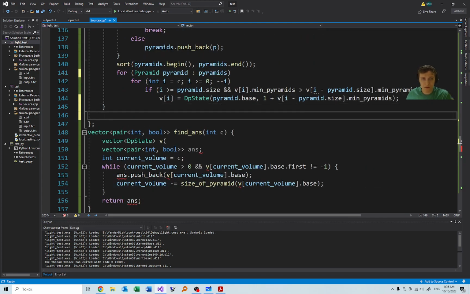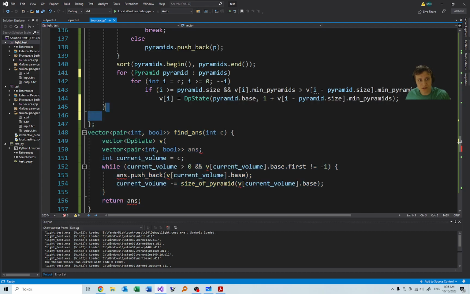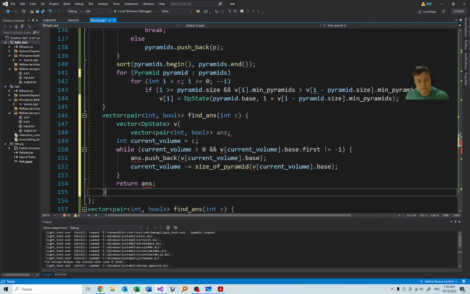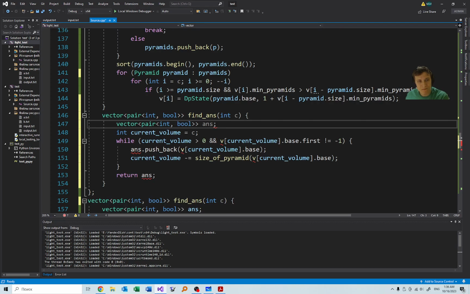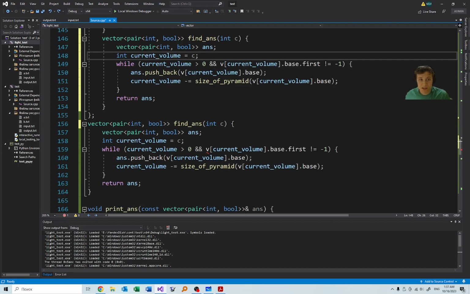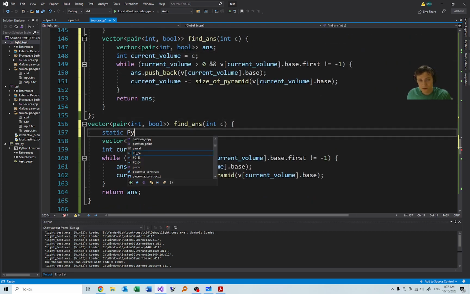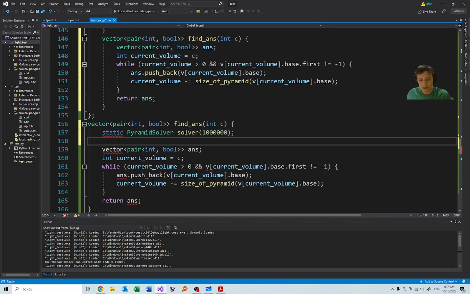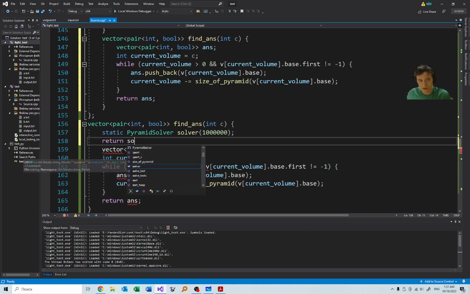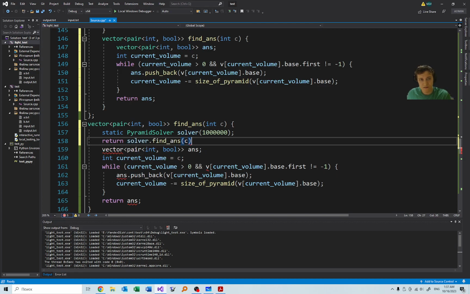And here we can just write a function which finds the answer. We can just copy it from here. Okay, it'd be great. And here we just have a static solver of size 1 million. And we here just return solver.findAns(c).